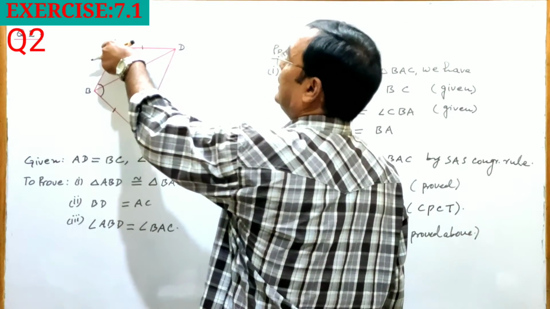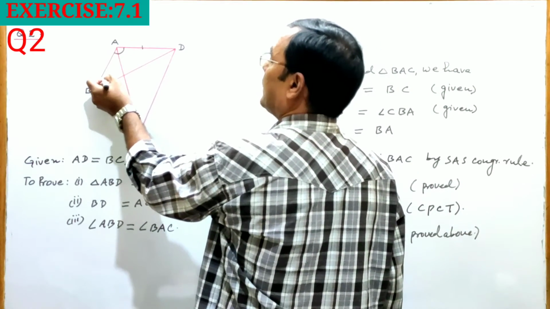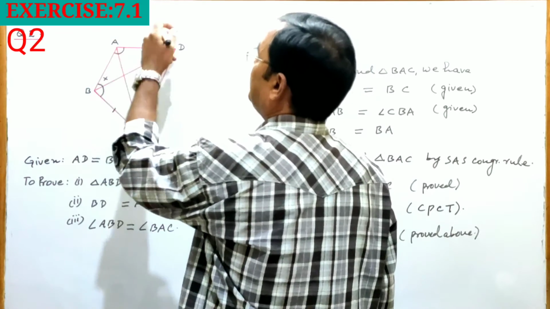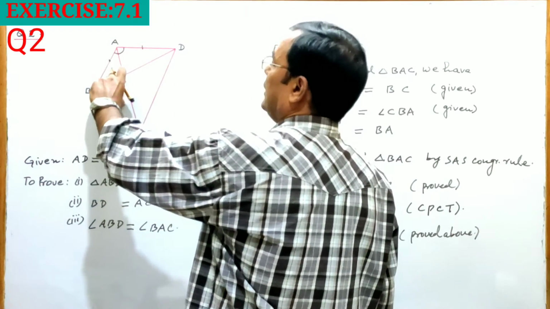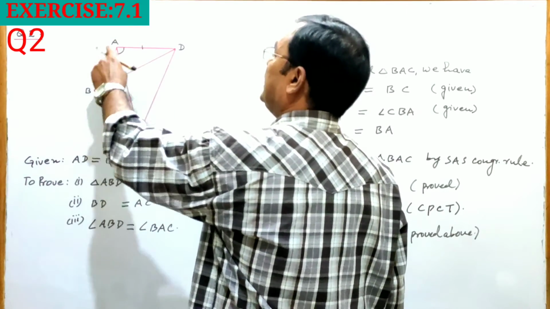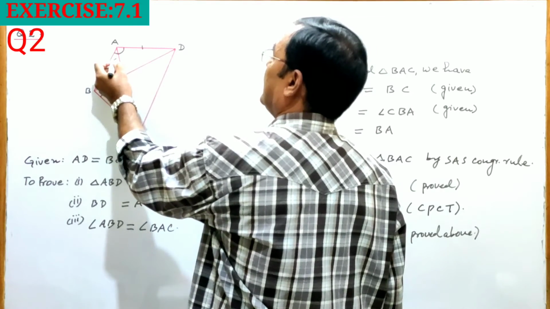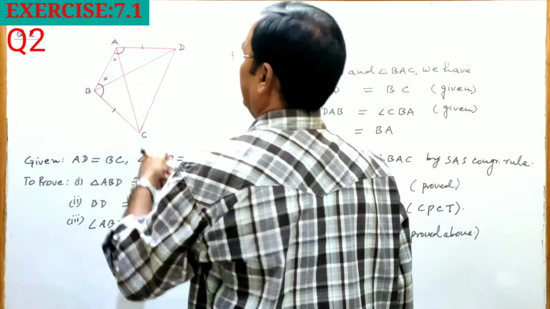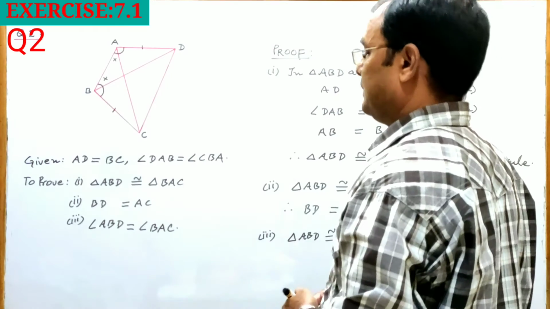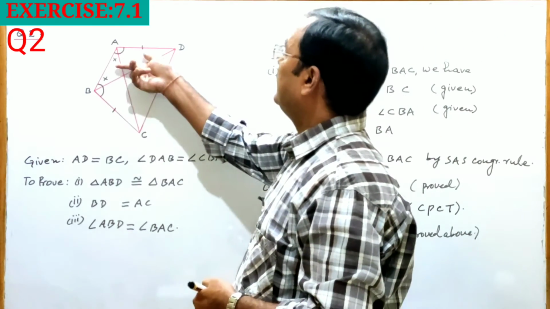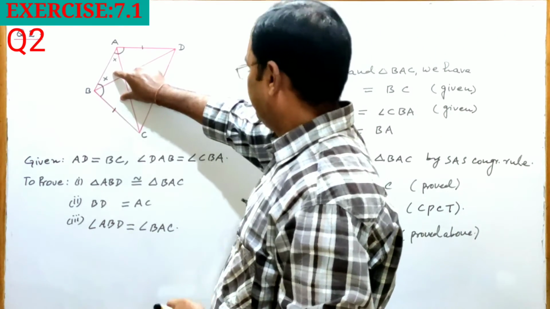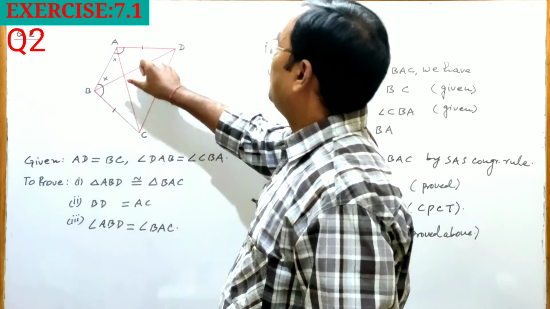In triangle ABD, this is angle ABD, and in triangle BAC, this is angle BAC, and triangle ABD and triangle BAC are congruent.